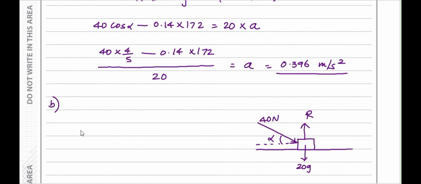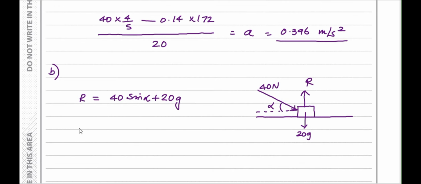So what happens here is R will be equal to 40 sine alpha plus 20g. That is, R is equal to 40 times 3 over 5 plus 20 times 9.8, and putting into the calculator we get 220 newtons. Earlier it was 172 newtons.